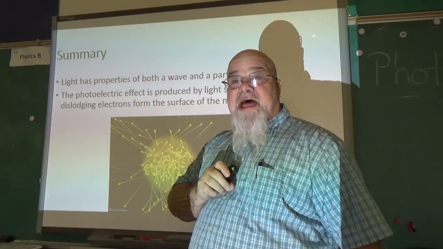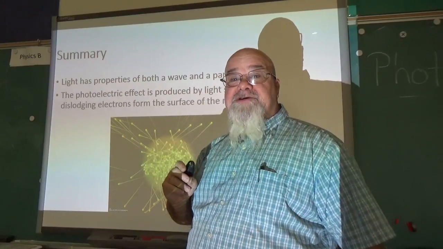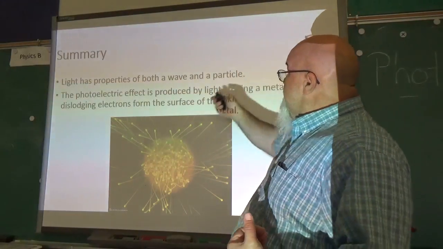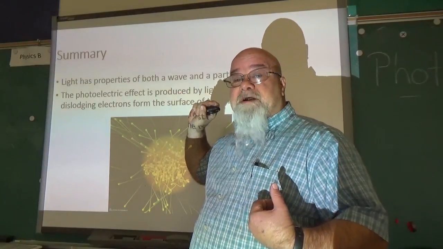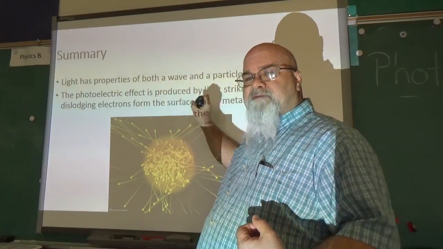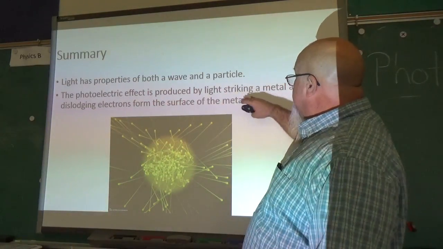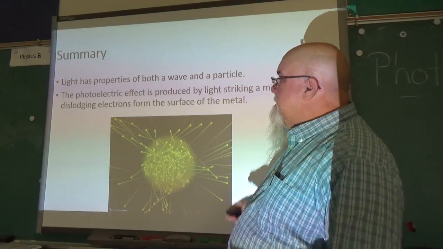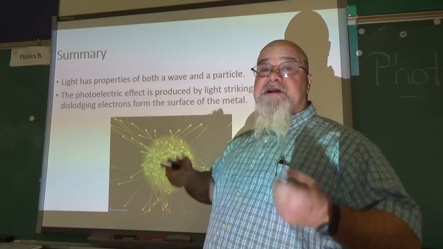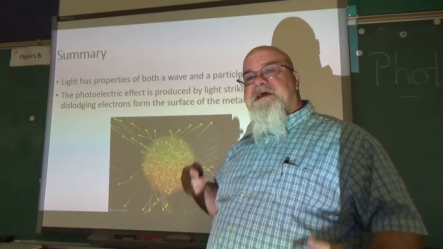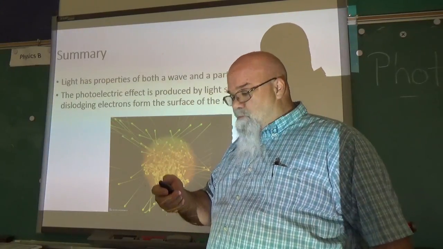Earlier in the class, when we were reflecting light off mirrors, we were looking at it as a wave as part of the electromagnetic spectrum. So however we want to study the light or the effect helps to pick one or the other. The photoelectric effect is produced when light strikes the metal, fills the electron with energy, causes the electron to eject, and once it's ejected, we now have a current flow.